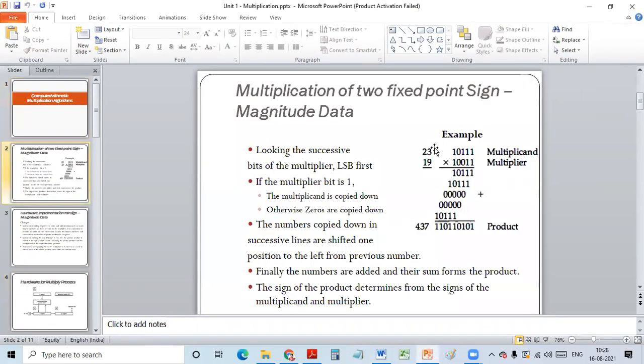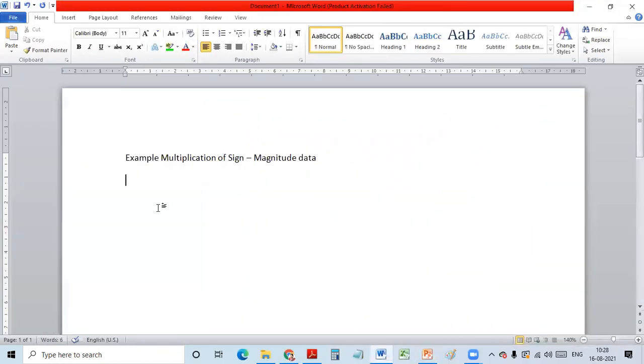We'll do the same 23 into 19. 23 is 10111, which is the multiplicand, and the next number is 19, which is 10011. It is the multiplier, right?